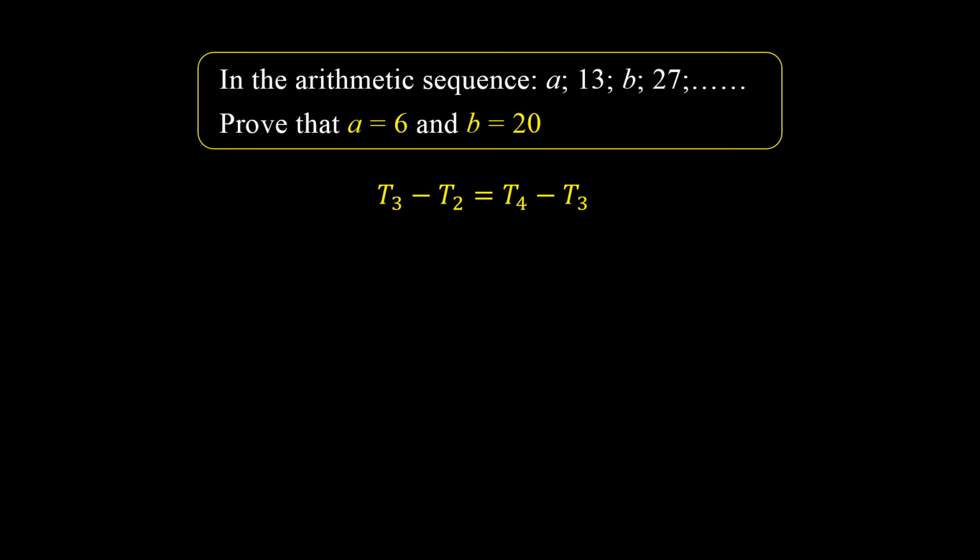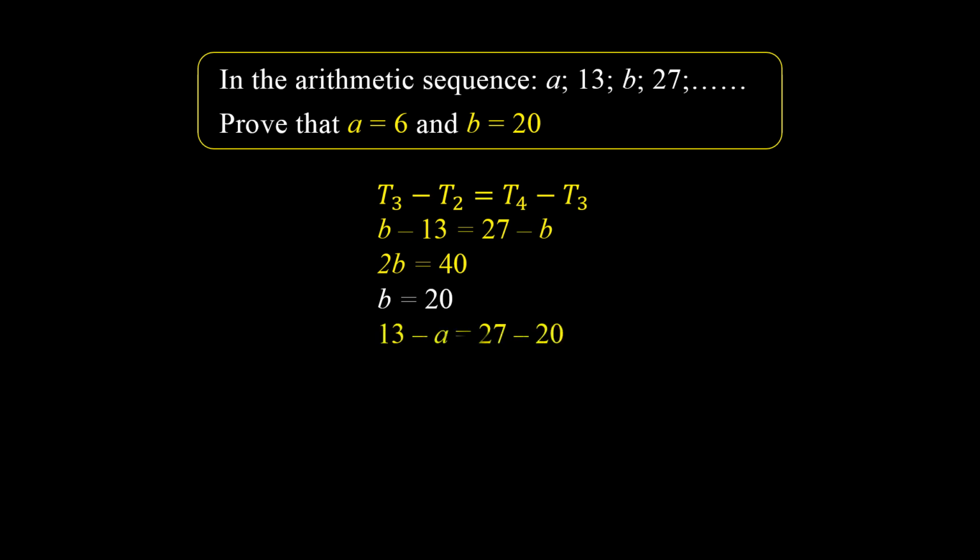So we can make an equation in B. We get B minus 13 is 27 minus B. From there we solve for B. 2B equal to 40 and B is equal to 20.